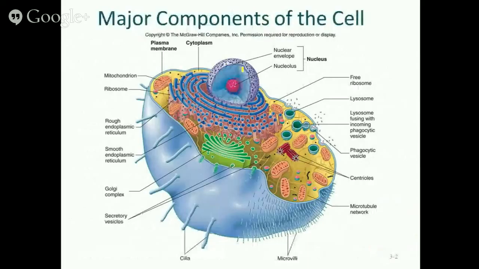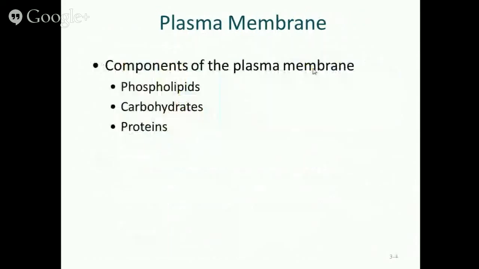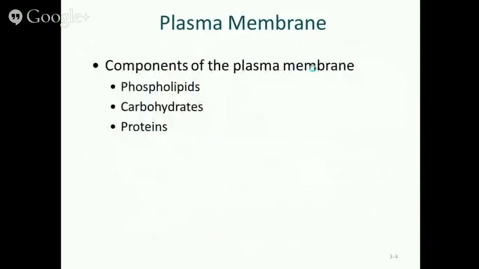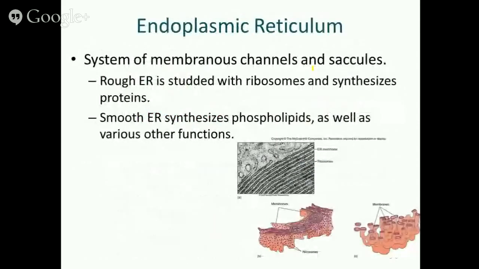So just outside of the nucleus, we have an organelle called the endoplasmic reticulum. So the endoplasmic reticulum, there's 2 types, one called the rough and one called the smooth endoplasmic reticulum. The rough endoplasmic reticulum is covered in ribosomes.